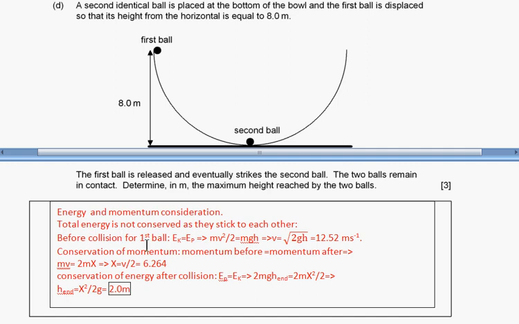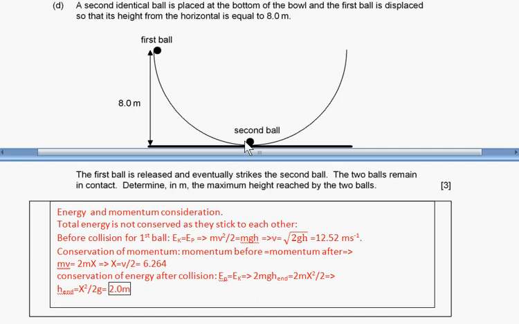Before collision, first ball potential energy turns into kinetic. Kinetic energy is mv squared over 2. Potential is mgh. Hence, v equals square root of 2gh equals 12.52.